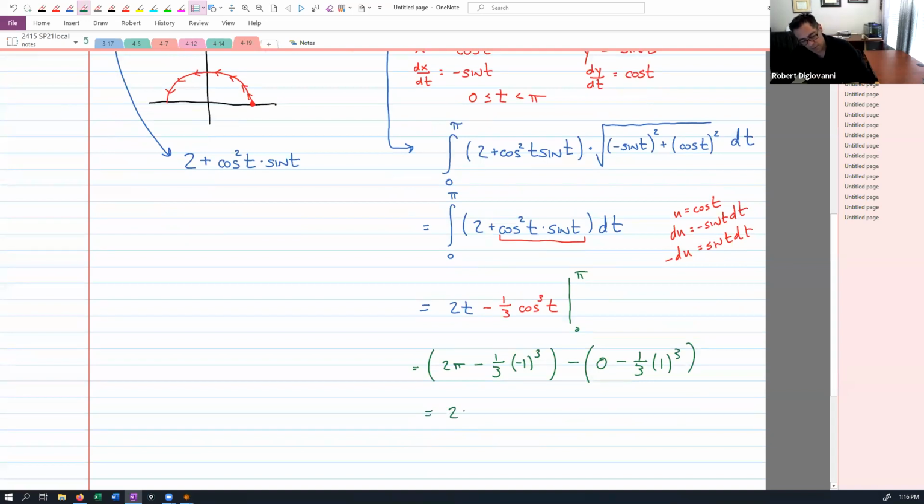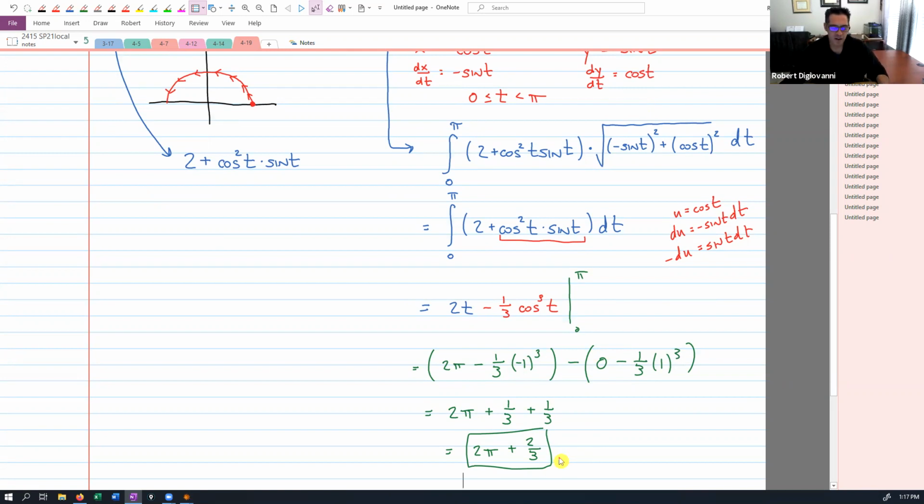So we'll get here 2 pi. This will be a minus 1, and then minus again, so plus 1/3. And then here we'll have minus, and then minus again, so plus 1/3 again. So we get 2 pi plus 2/3. And of course, we could get that as a decimal, but that's the exact answer.